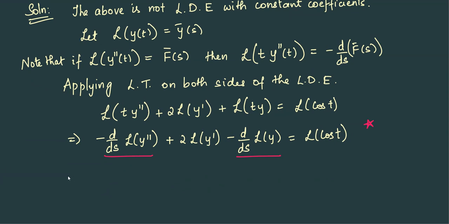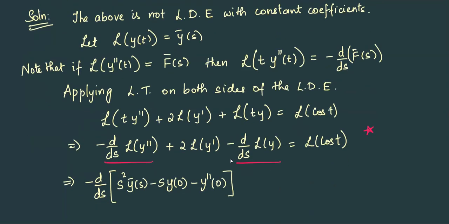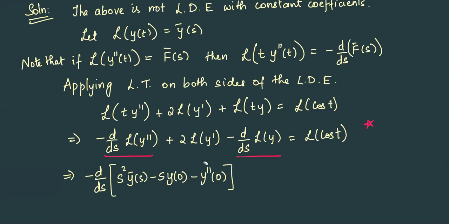So now this is minus d by ds times Laplace transform of second derivative, which is s square y bar s minus s into y of 0 minus y dash 0. Now not double dash, single dash 0, because this is already double dash, so first derivative.